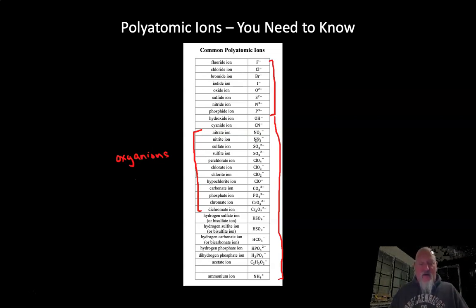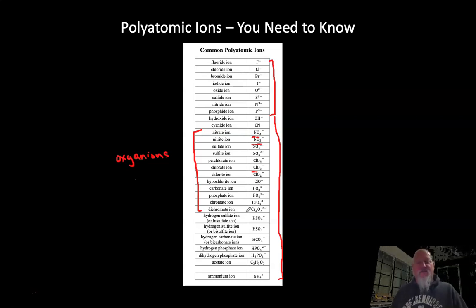They have more than one atom, and they have oxygen and something else. For example, nitrate is nitrogen and oxygen. Nitrite is also nitrogen and oxygen, but in different ratios. Chlorate is ClO3 minus, so chlorine and oxygen. Carbonate is carbon and oxygen.